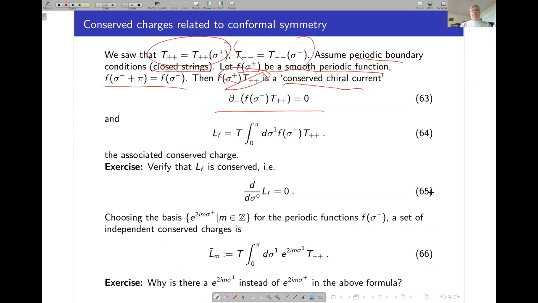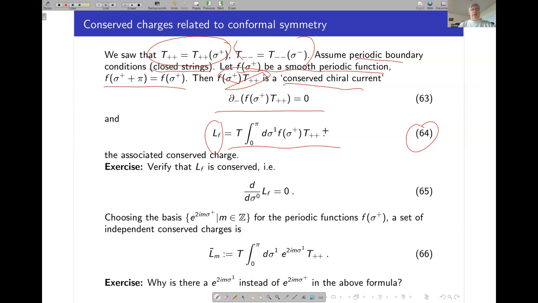If I have a conserved current, then the way I get the associated conserved charges is I need to integrate over space, which in our case means we integrate over the worldsheet coordinate sigma 1. And this is then formula 64, where for any function f, I write down the corresponding conserved quantity. I take the conserved current and integrate it along the string.